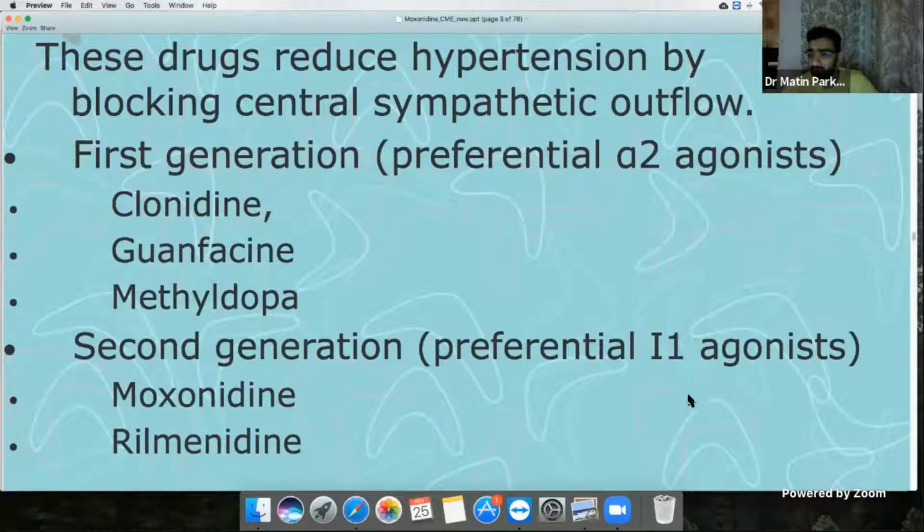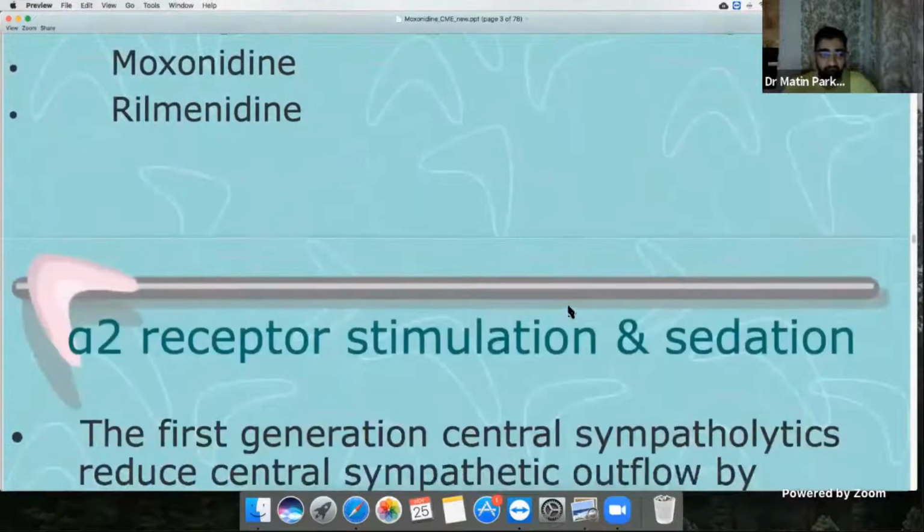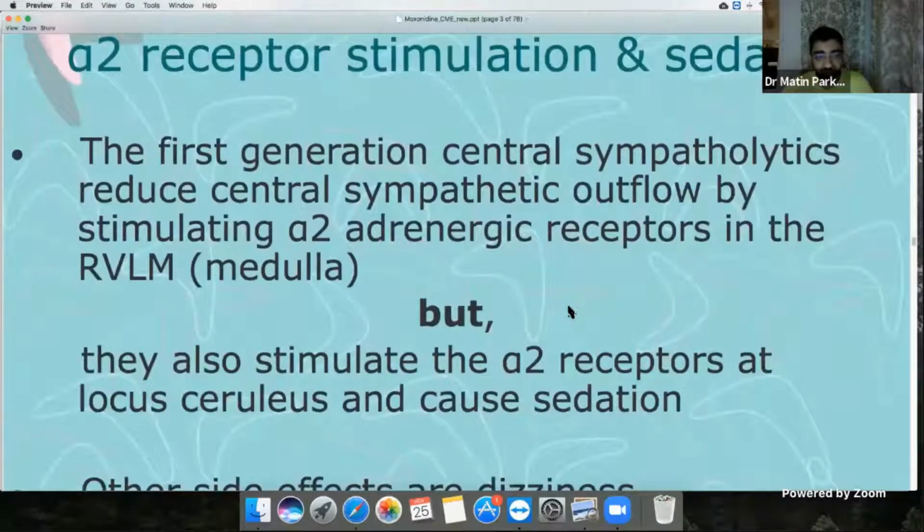These are I1 agonists. So what is the difference between alpha agonists and I1 agonists? Alpha agonists generally act on all the receptors, which causes sedation. So clonidine or methyldopa, clonidine we commonly use, these cause sedation. These sedation effects are negligible or not there with moxonidine because these are specific.